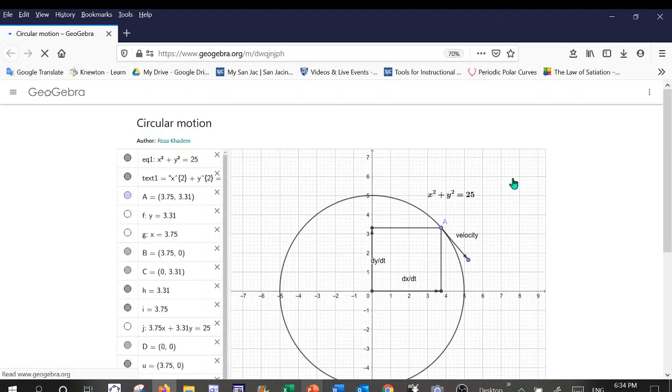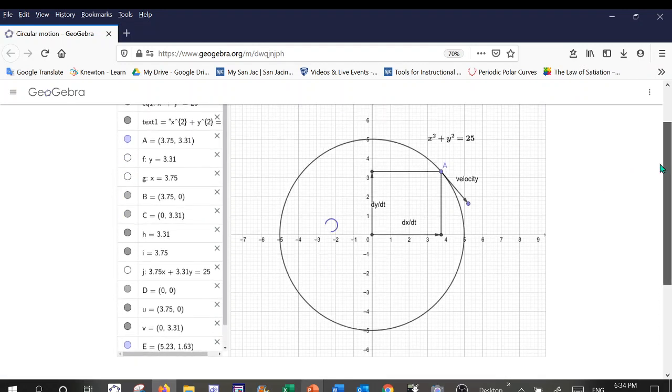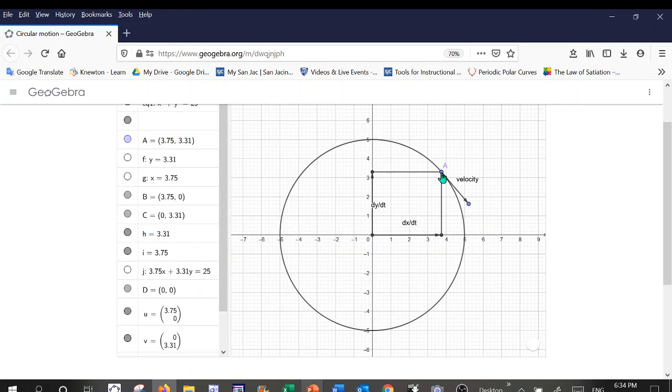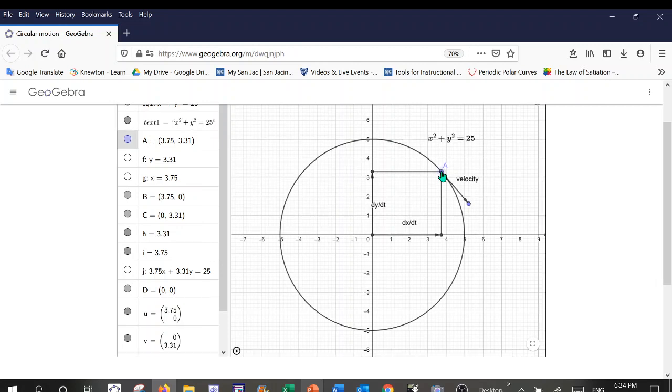You've got a circular path, and an object is going in a circular path like this. So you see, if I go around here, you see that x and y are changing. x is this distance from here to here, and y is the distance from here to here, right?